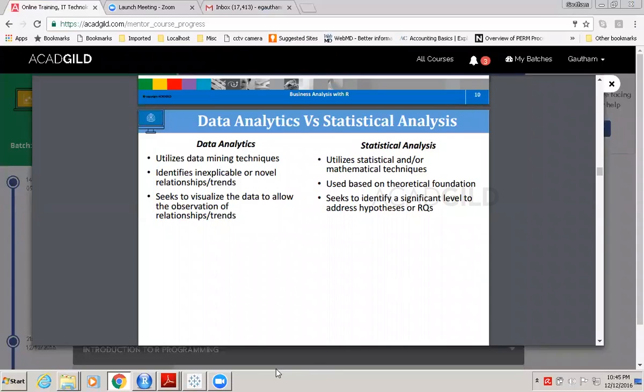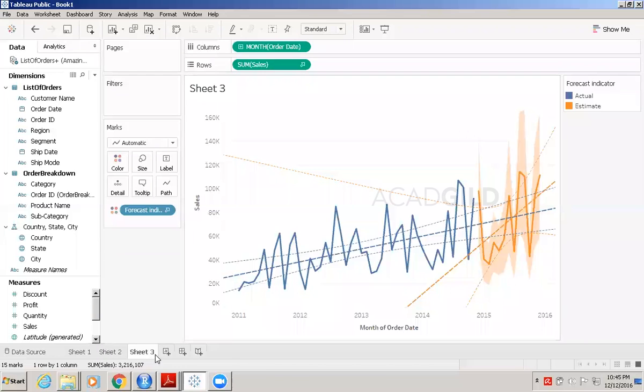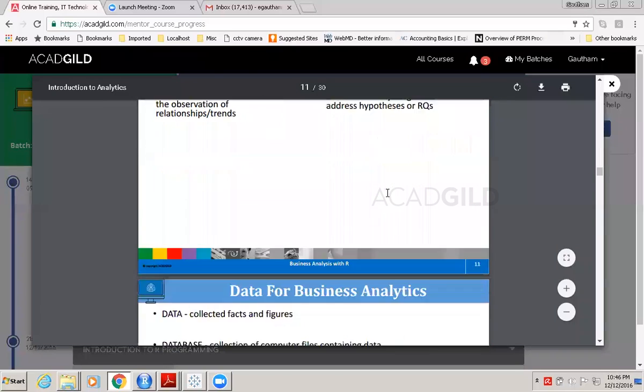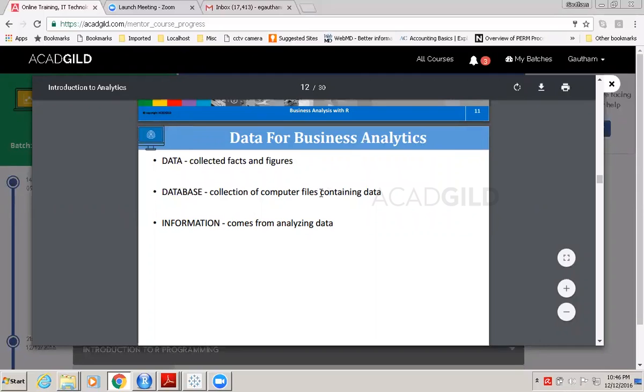Whereas in statistical analysis, we have seen an example that is derived based on a statistical model, what a statistical model can do. It uses some kind of hypothesis and some kind of algorithms to come up with the forecasting. Whereas in data analytics, it just uses visualization and observes the relationships to come up with the analytics.